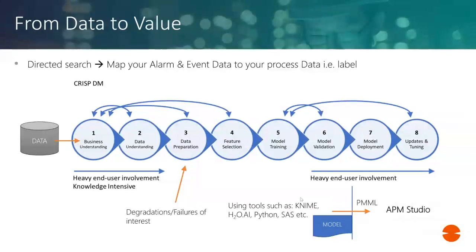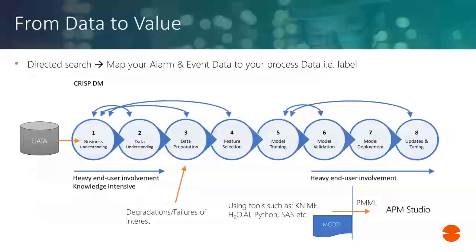Within our software, APM Studio, we have a PMML reader that can also understand the models that have been trained in your analysis environments, be it SPSS, SAS, KNIME, etc. And they can be run linked to the streaming data inside APM Studio.